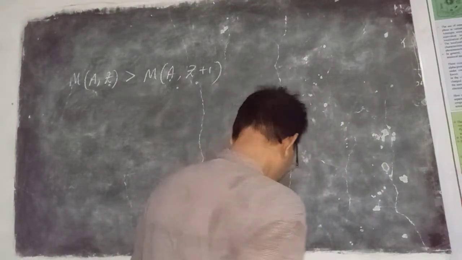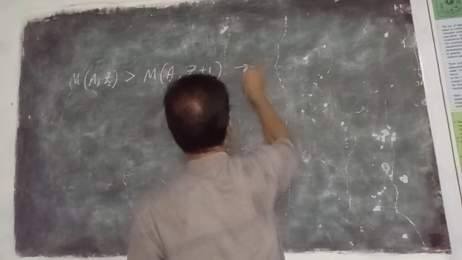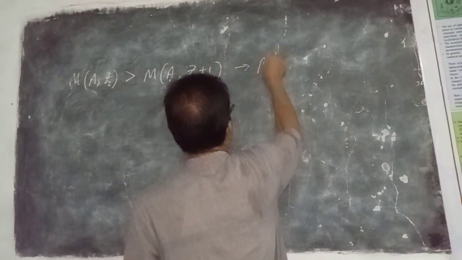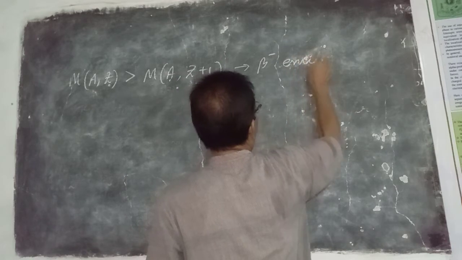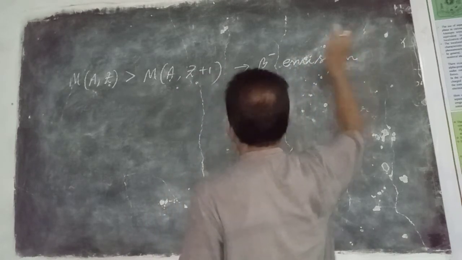Then that is the beta minus emission, that is electron emission.